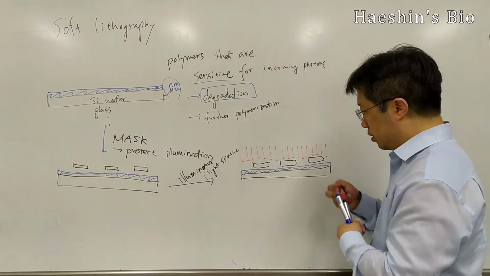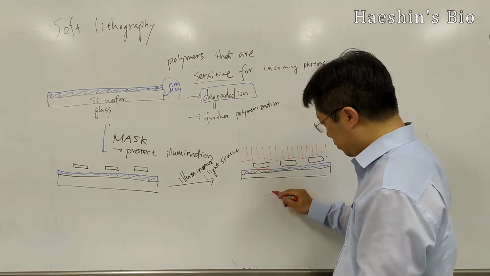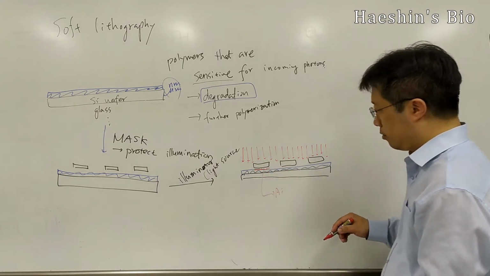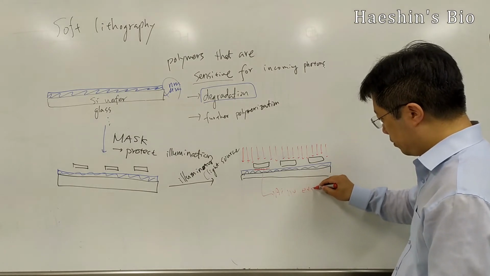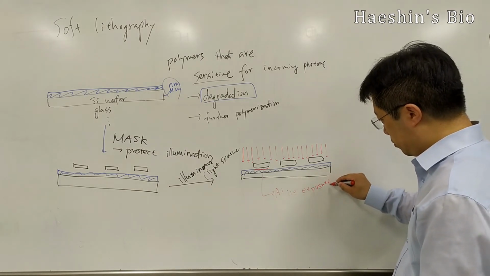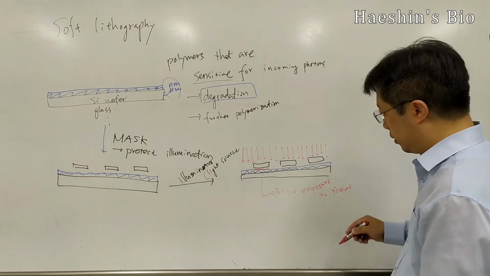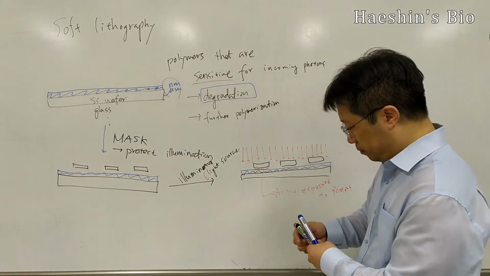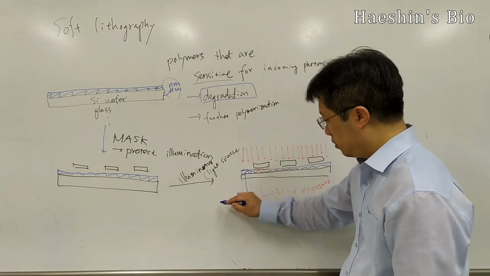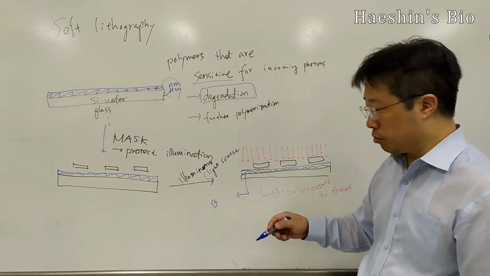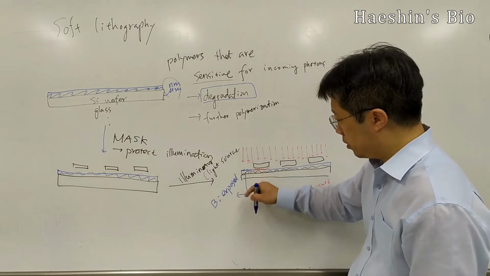So what happens is this area is A, which has no exposure to photon, right? But this area B is exposed to the photon.